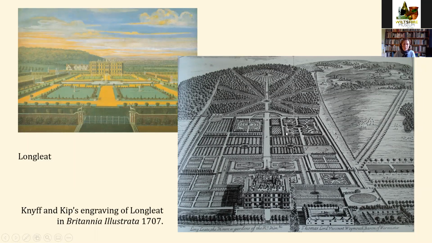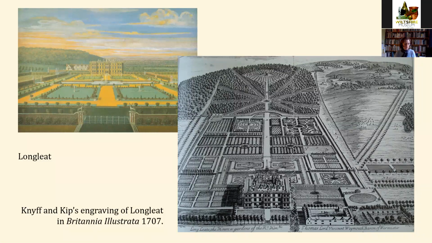The only thing is that in the area where the gardens are, the artists tend to flatten out everything, and if you visit these landscapes, you expect it to be completely flat because that's what you've seen in the engraving, and of course they're not. I'll come back to that point again later on.